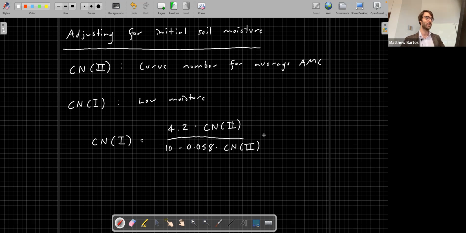So it's just adjusting our average soil moisture curve number to the dry conditions. And this is basically empirical. I'm just showing it to you here because you will need it for the homework, which is due next week.